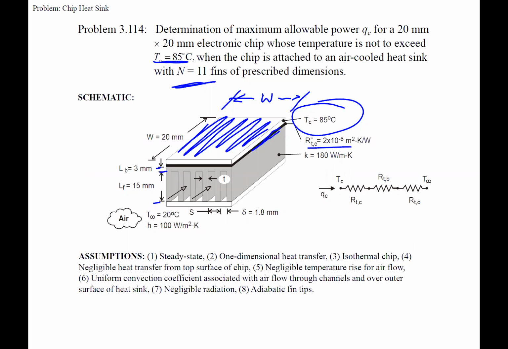What's easier in this problem is actually to do the thermal circuit. You see that on the right, which wasn't given, but this is from the solutions. So we have the temperature of the chip, and then this is our contact resistance.